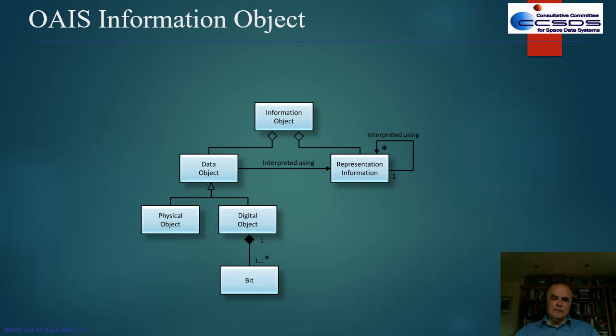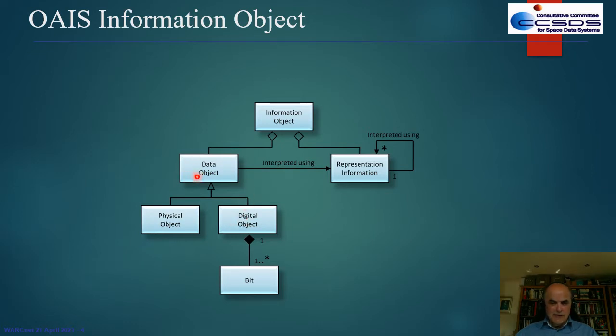This information model, I can briefly explain. The basic model shows that a data object could be either a physical object or a digital object.